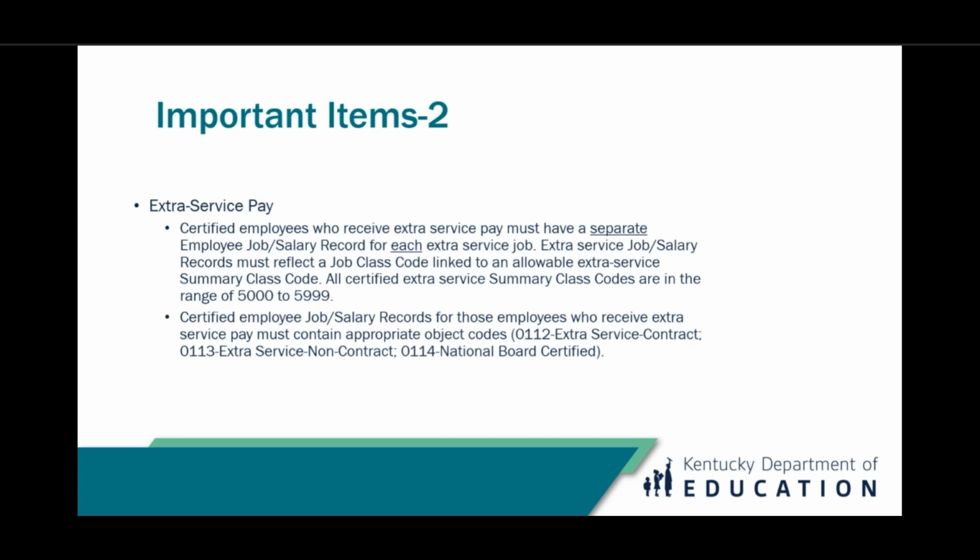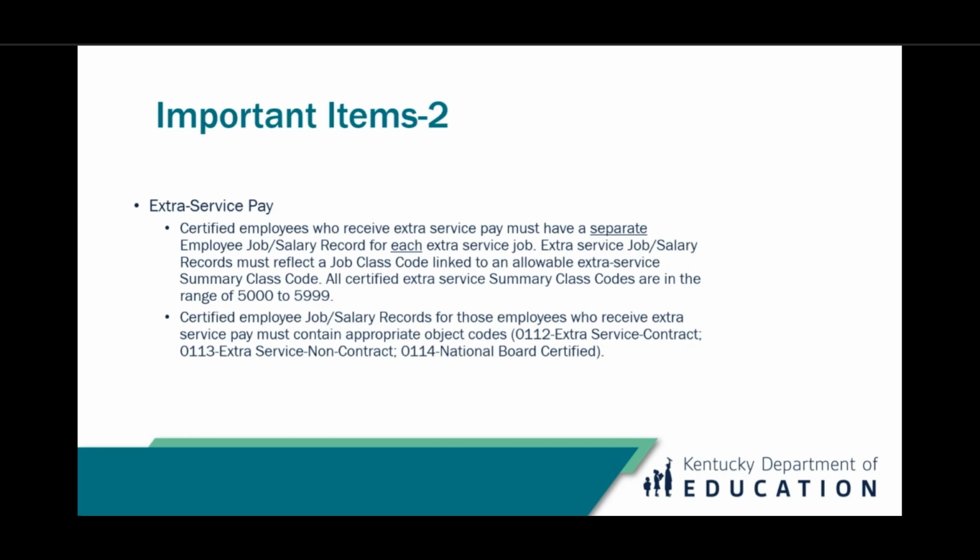So extra service pay. Certified employees who receive extra service pay must have a separate employee job salary record for each extra service job. Extra service job salary records must reflect a job class code linked to an allowable extra service summary class code, and all certified extra service summary class codes are in the range of 5,000 to 5,999.